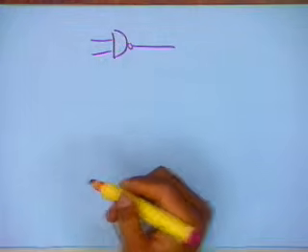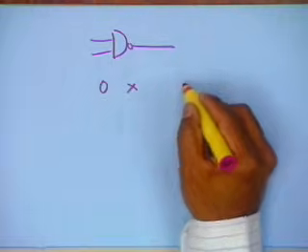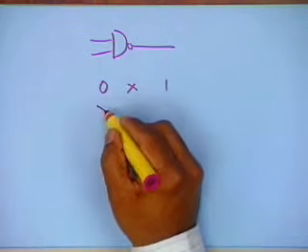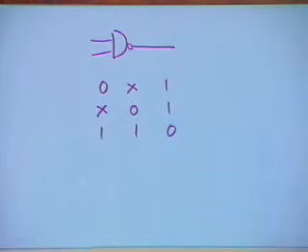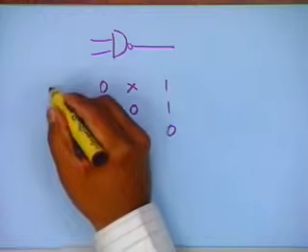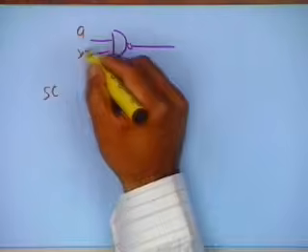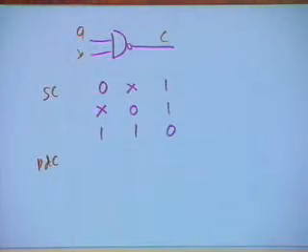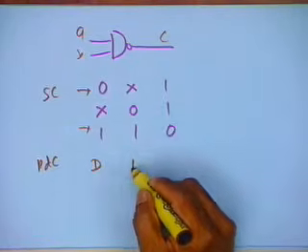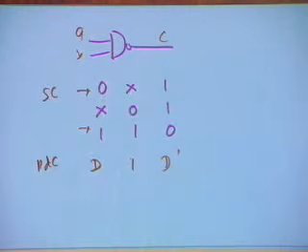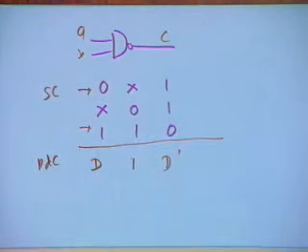To illustrate what happens with D and D complement, let me take a NAND gate. If you look at a NAND gate, you have 0 cross 1, cross 0 1, 1 1 0. This is my singular cover. If I want to generate my PDC, I have to take this D1, and now you have to write D complement, because it is 0 1 and this is 1 0.